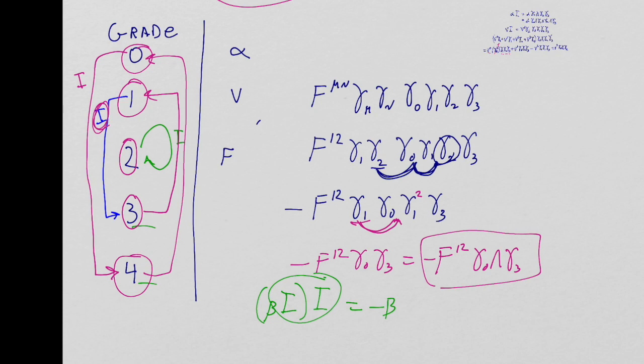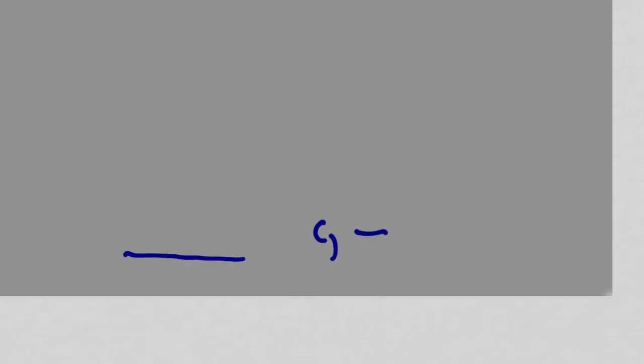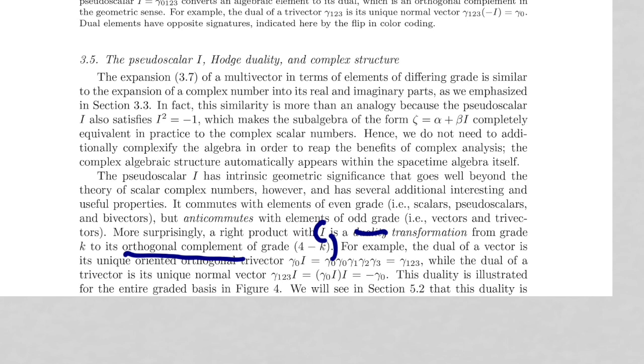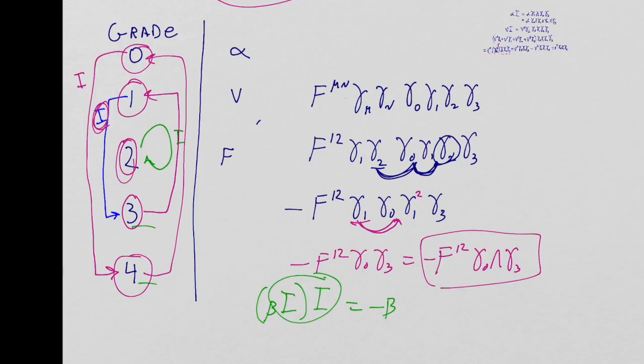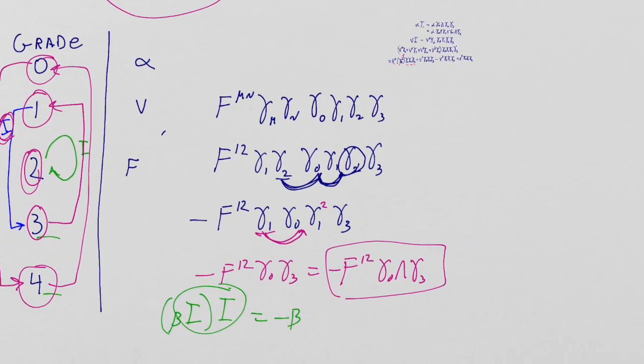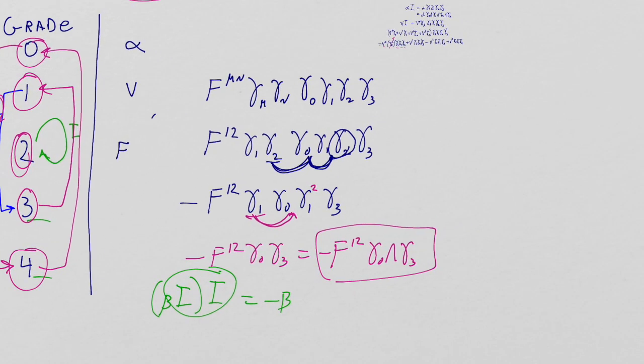There are bivectors in grade 2 that are dual to other bivectors of grade 2. So that's what we're getting at. Now, the other word that they used here that was important was orthogonal complement, right? And if you look at what we've done here, in this case, for example, we were curious about F12 of gamma 1, gamma 0, right?